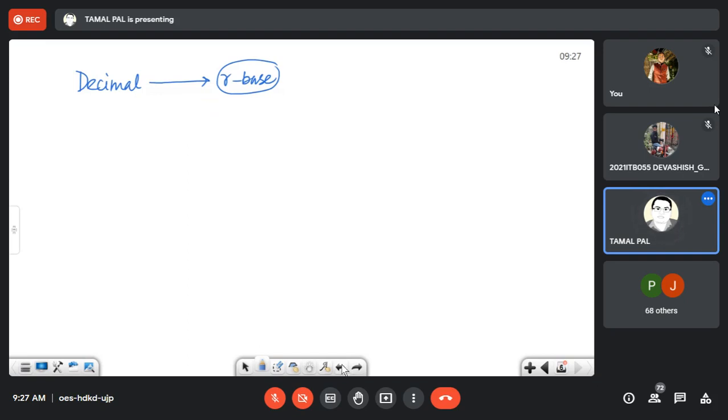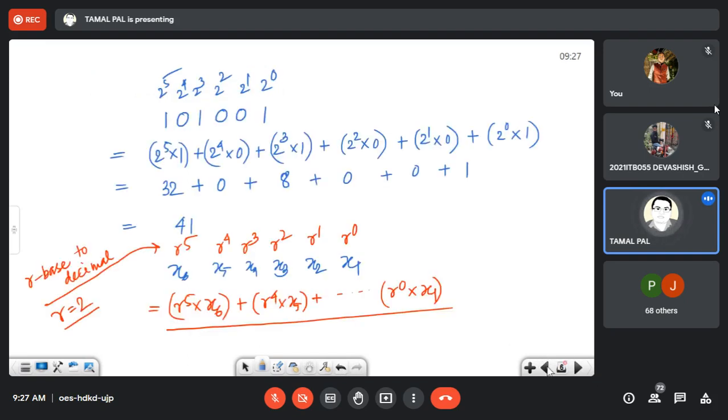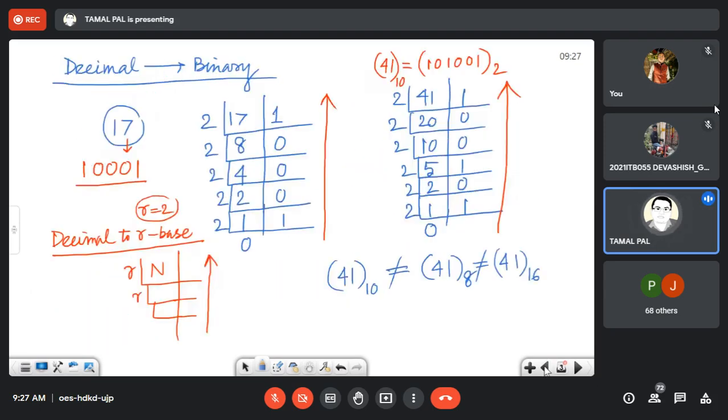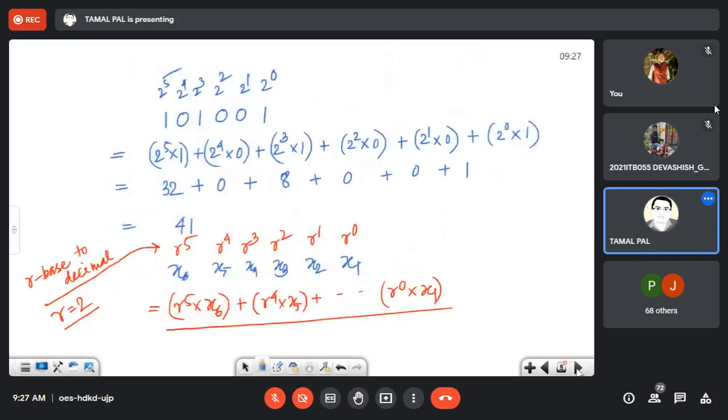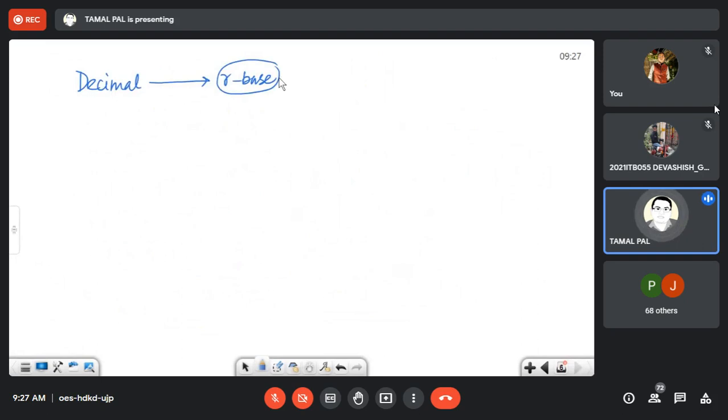I'm just reminding you of some slides, because decimal to R base we can convert. Now, we also have the option to convert from any base to decimal. So R base to decimal conversion is also possible.